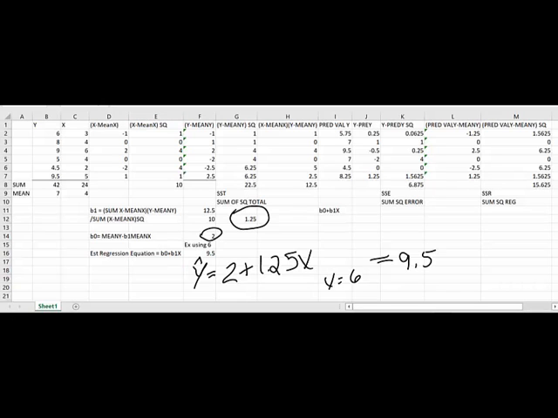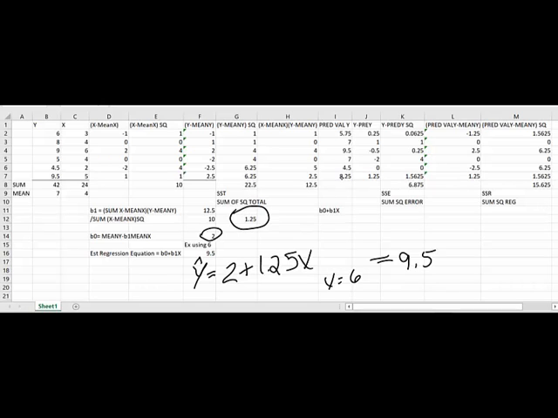To get our predicted value of y, we're going to take our 2 plus 1.25 times 3, and that's where we get our 5.75. For our next one, we're going to take 2 plus 1.25 times our x, which is 4, which is going to give us 7. And you can work through the rest of them.